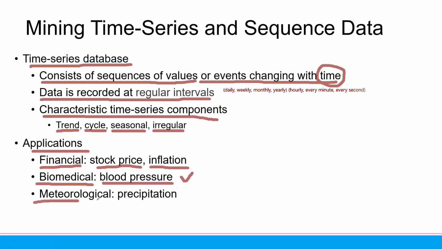Or meteorological, for example, the temperature, precipitation. So when will it rain? When was it raining? And so on. So it is related to the time series and sequence data.